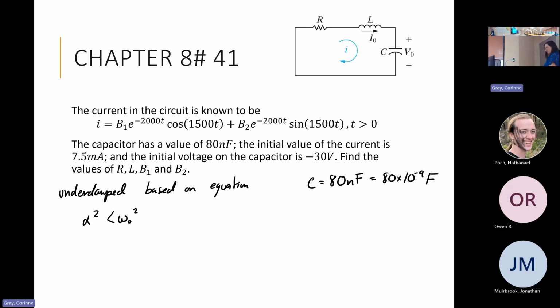What is this 7.5 milliamps, represented by capital I naught? We can convert it if we want to. We could also hold off on it. It's all going to depend on what we want to do, so we'll talk about it in a second. What's this negative 30 volts? The actual voltage on the capacitor.